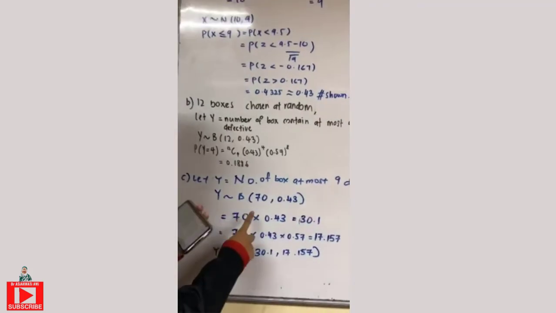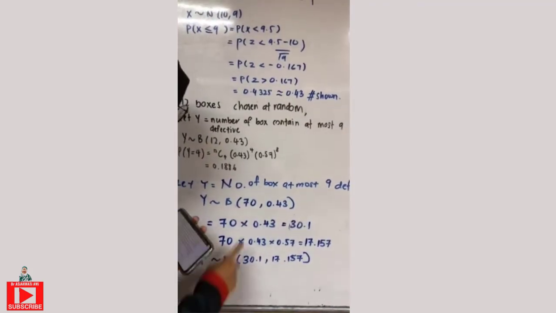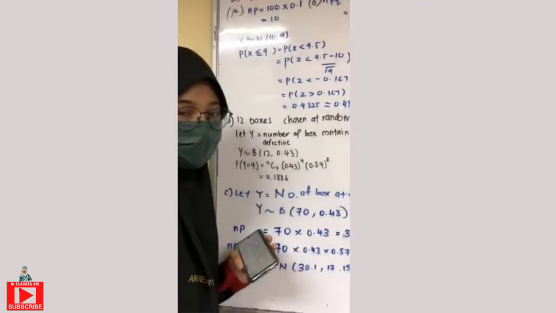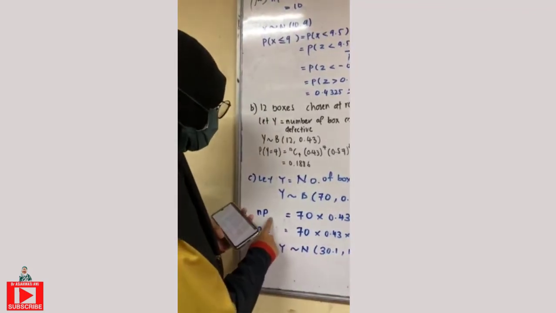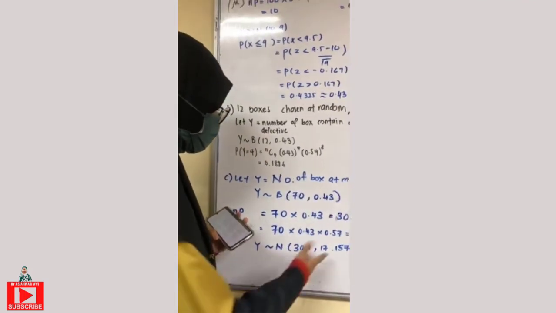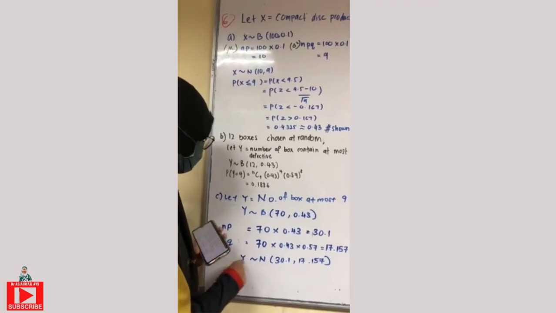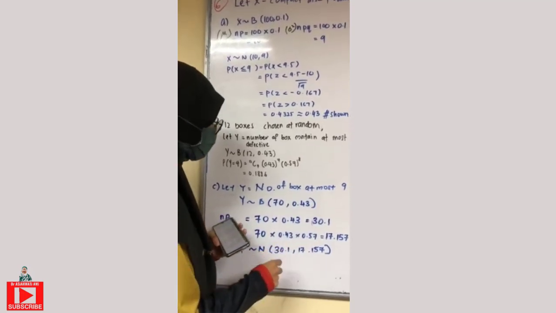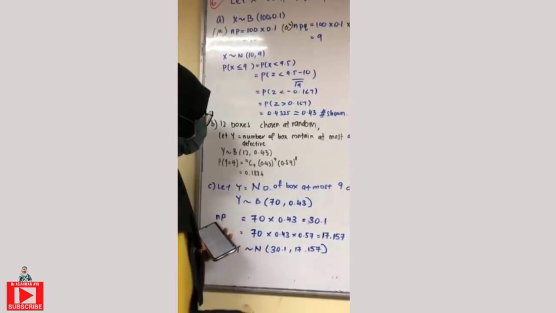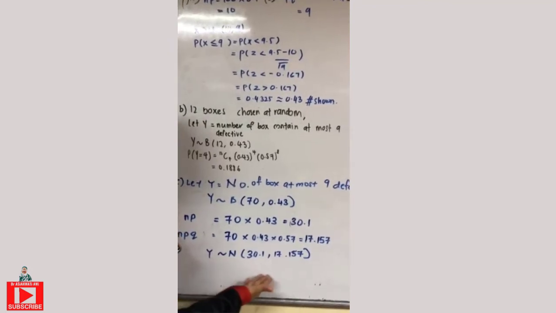Jadi saya tukar daripada binomial kepada normal sebab 70 ni nombor dia terlalu besar. np, 70 darab 0.43, dapat 30.1, dengan npq, 70 darab 0.43 darab 0.57, dapat 17.157, dan kita akan dapat normal.